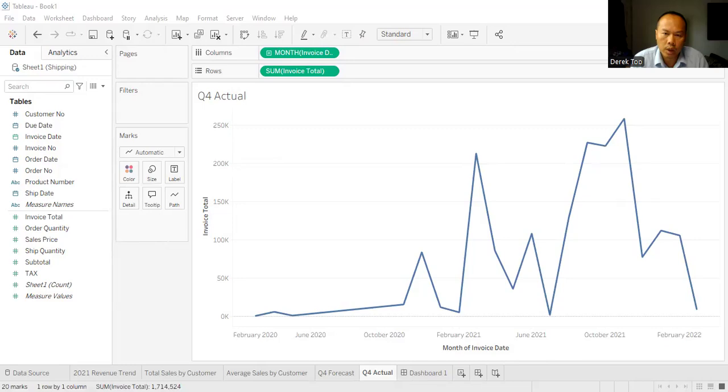Because there's a large variation and discrepancy between the actual and the forecast, what happened is that there could be fraudulent activities or there could be inaccuracy that caused it. So the auditor needs evidence to prove that there's no error or fraudulent activities.